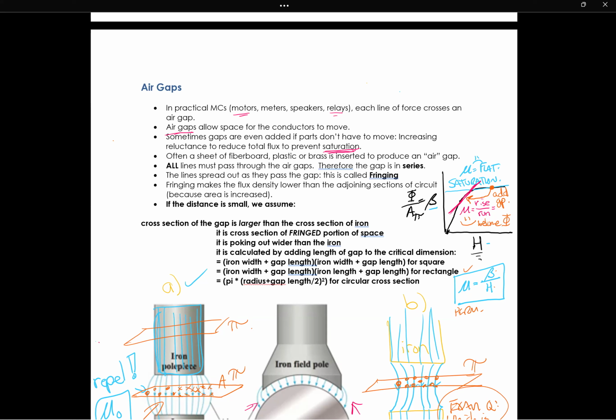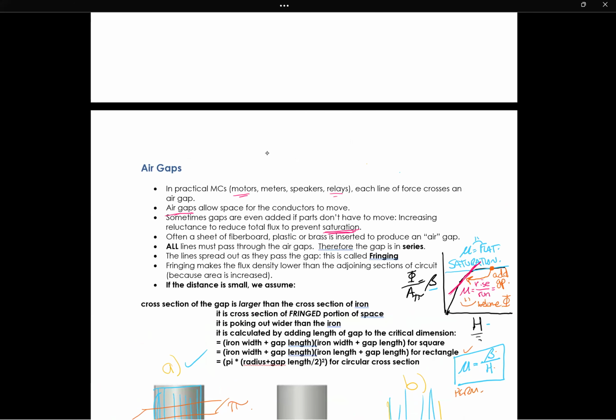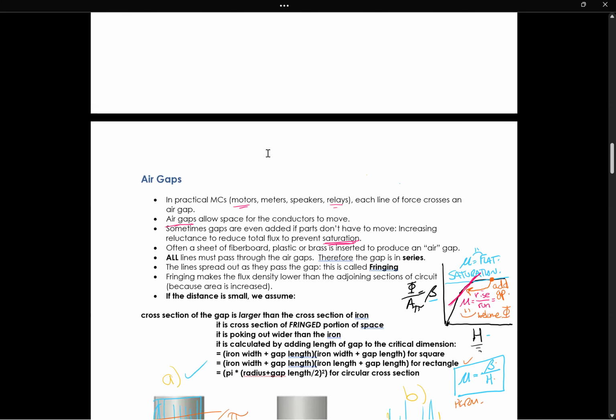And how does it make us not go higher? Well, it makes us not go higher by changing the reluctance. So we put a gap, and don't get me wrong, most of the reasons why we have gaps are so that we have space for conductors to move, but we also put a gap in so that we increase the reluctance. Because reluctance is directly proportional to 1 over the cross-sectional area.